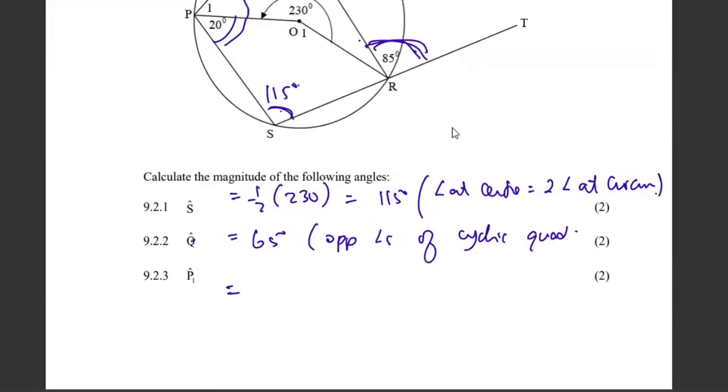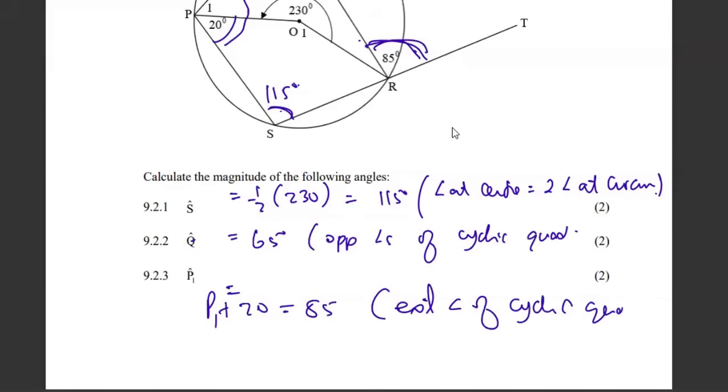So I would say that P1 plus a 20 should give us 85, exterior angle of a cyclic quad. Then let's move the 20 that side, meaning that P1 should be a 65. Okay, so that becomes 9.2.3.